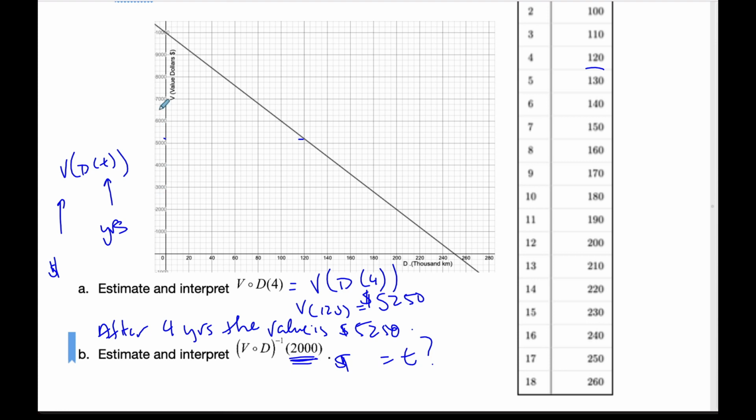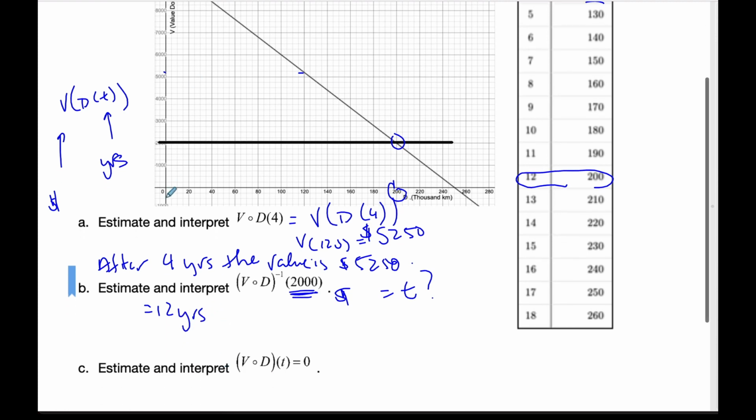So if I consider my $2,000, which is here, well, that is going to give me a value of 200. That gives me a value here of 200. 200 gives me a value of T. So this equals 12 years.